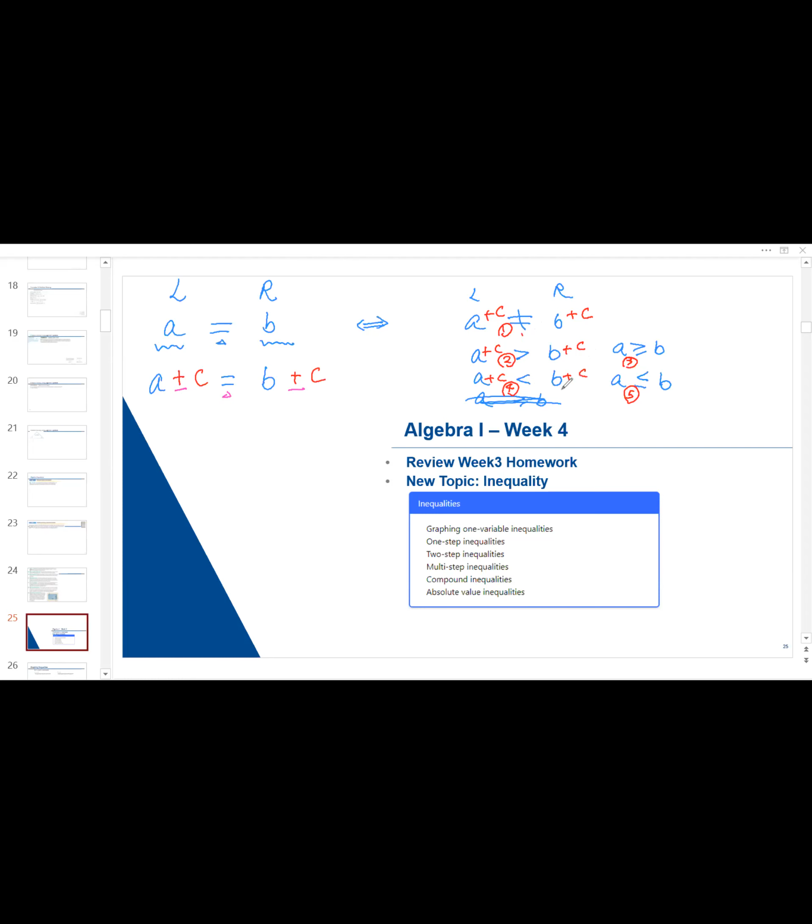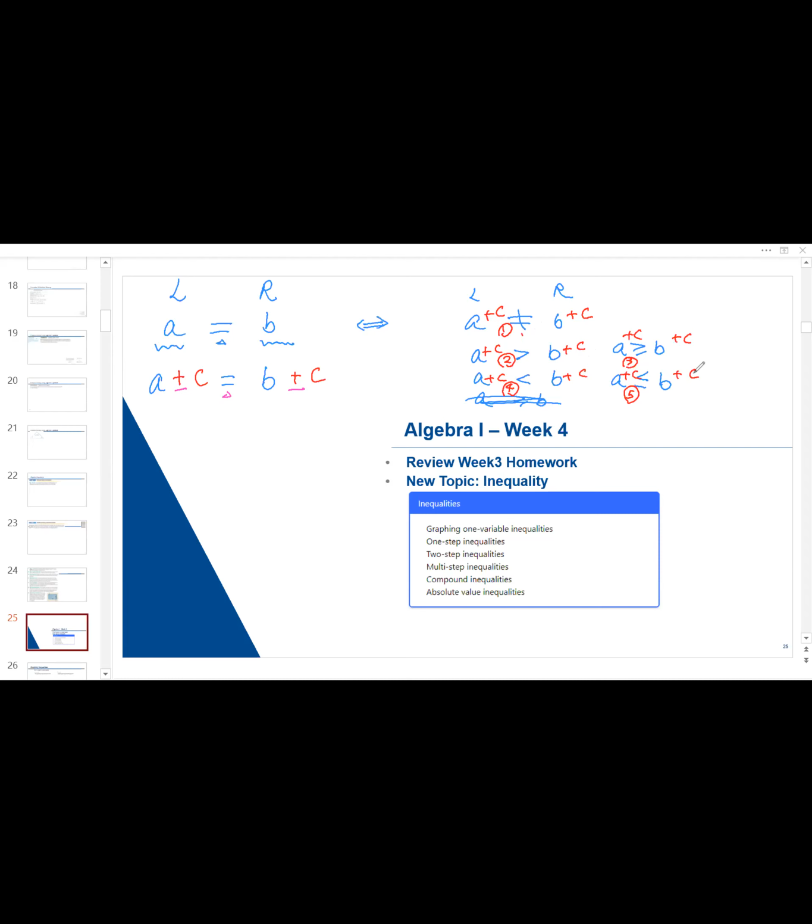When A is less than B, both sides plus the same number, it is still less than. I will give more examples to explain this.